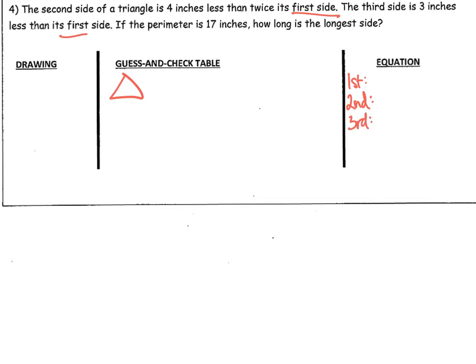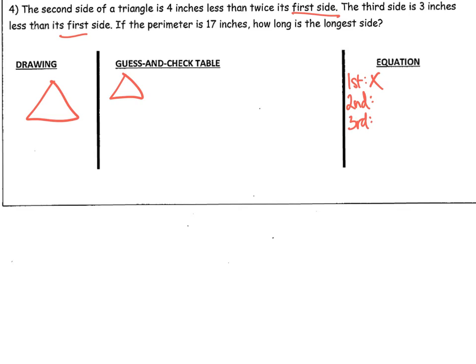Okay. We keep talking about the first side. That's going to be our x. The second side, let's read this carefully, is 4 less than twice. 4 less than twice.